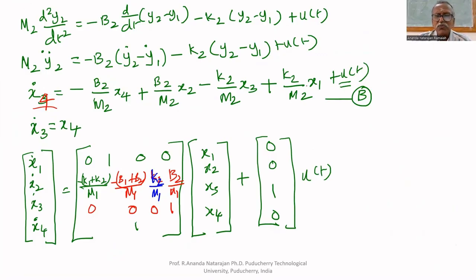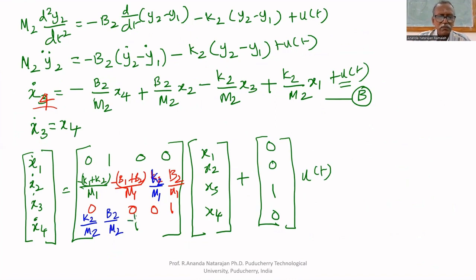What is the coefficient of x1? k2 by m2. What is the coefficient of x2? b2 by m2. What is the coefficient of x3?